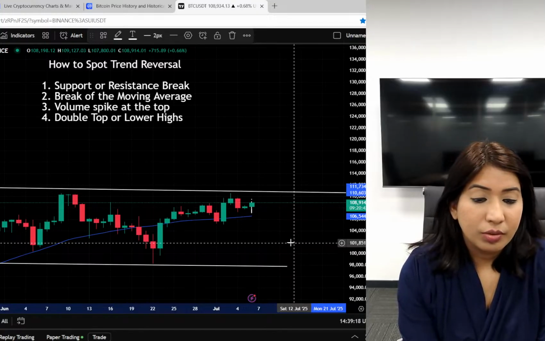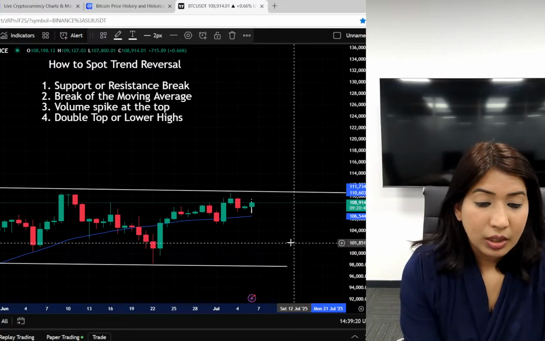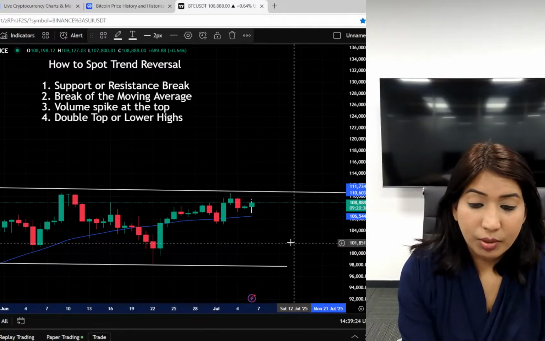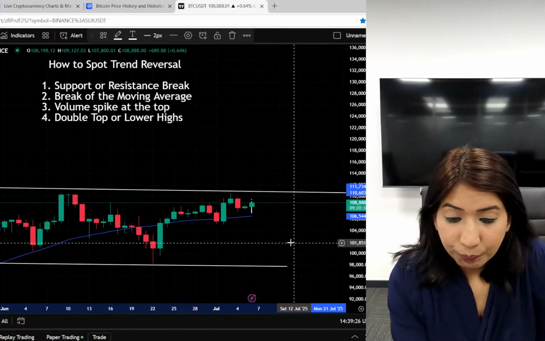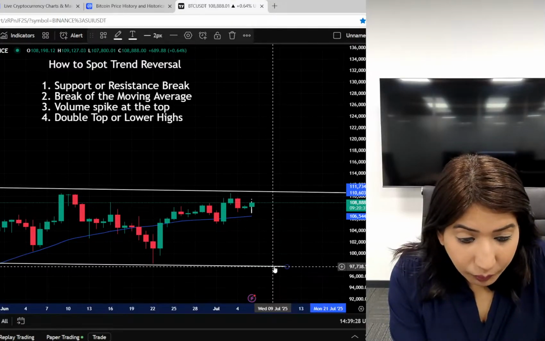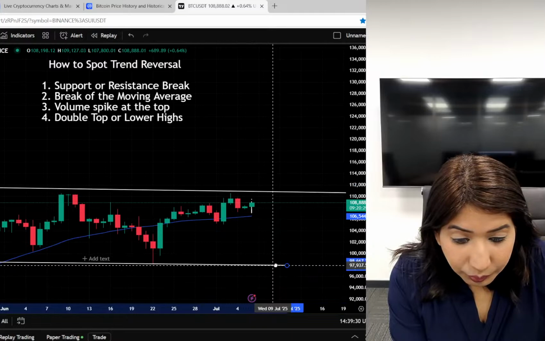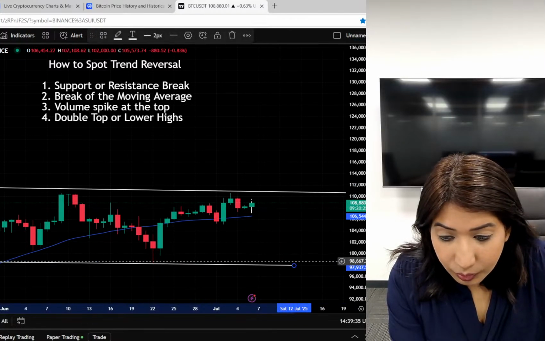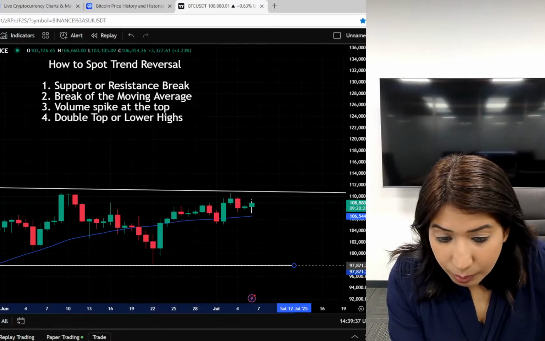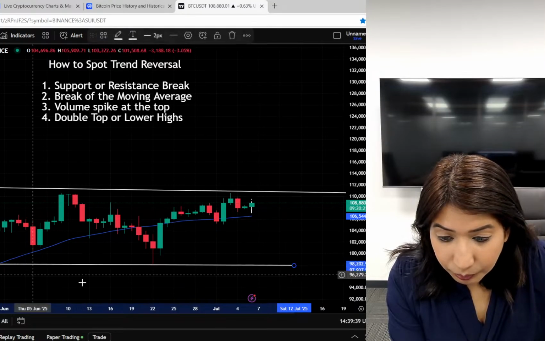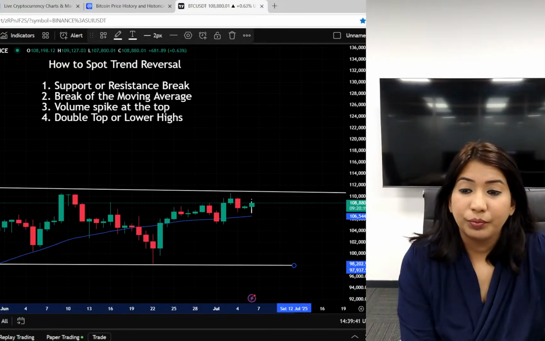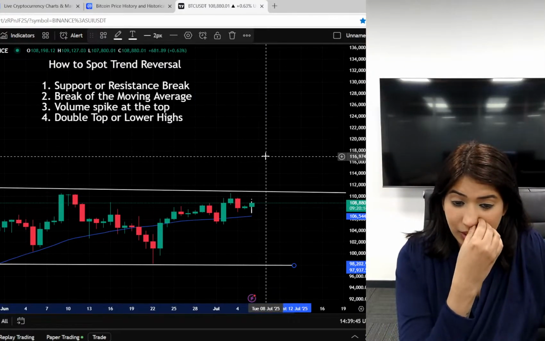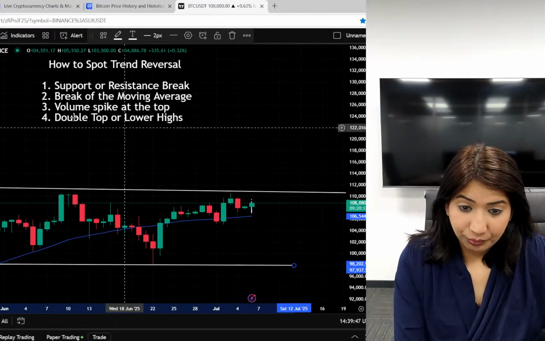And if it breaks through my 98,000 support that I've created, then the downtrend is likely to happen. Right now it is in this direction.